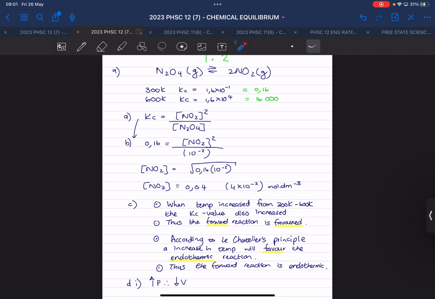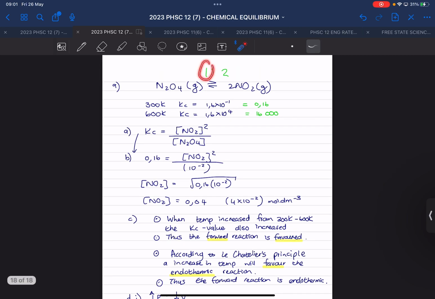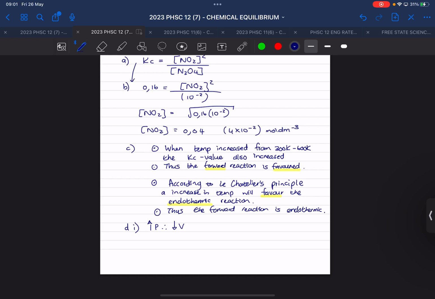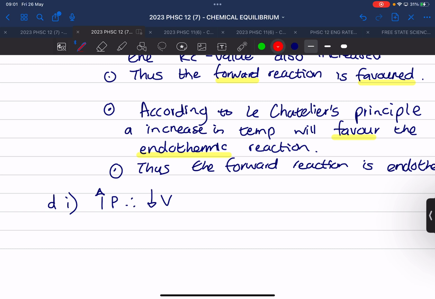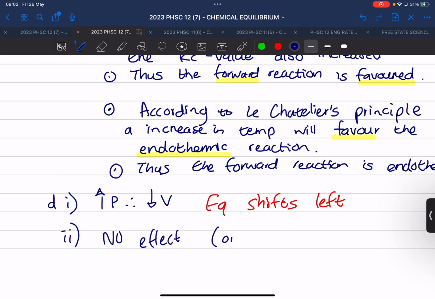Increase in pressure means it goes to the smaller mole, so the equilibrium will shift to the left. And then at question 2, what effect will it have on the equilibrium constant? No effect, because only temperature changes the Kc.